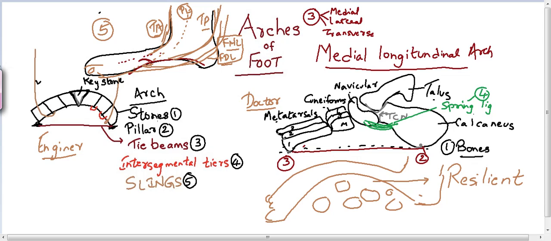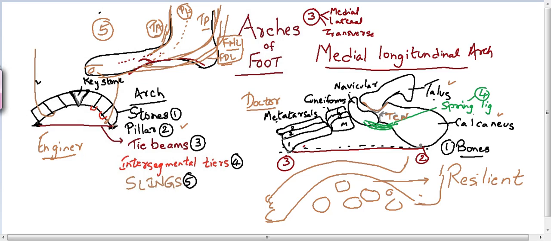The stones are comparable to the bones over here: the calcaneus, the talus, the navicular, the cuneiforms, the metatarsals, first, second and third metatarsals only. They form the stones. The keystone here, the key bone here, is the head of the talus, and the key joint is the talocalcaneonavicular joint.